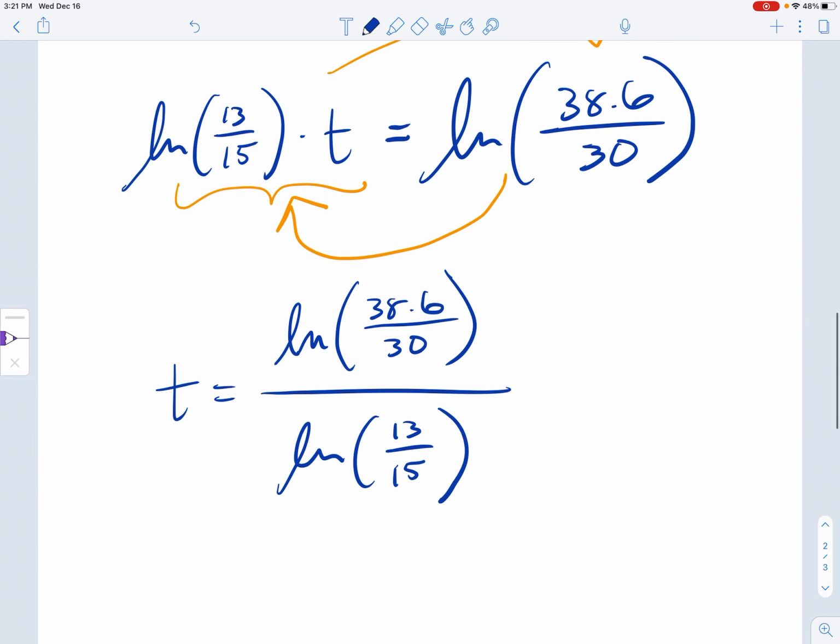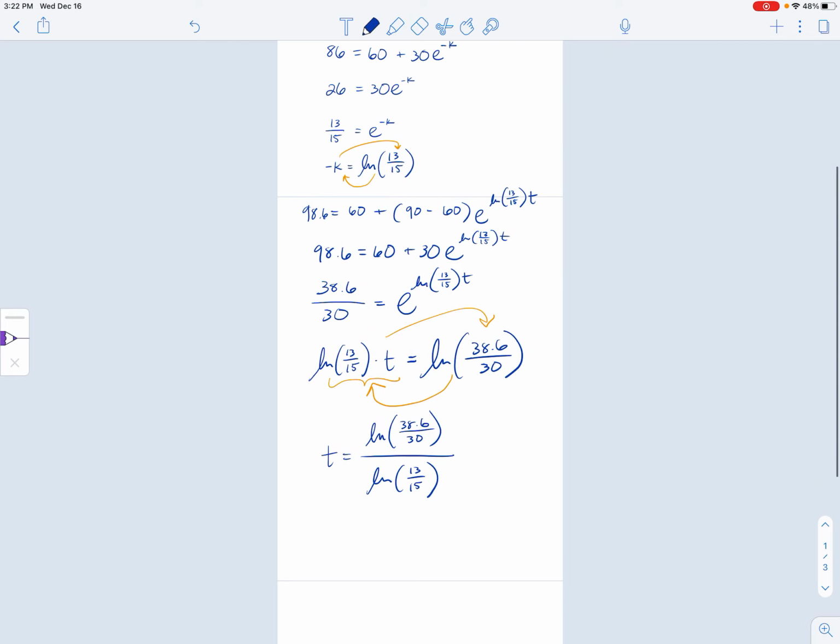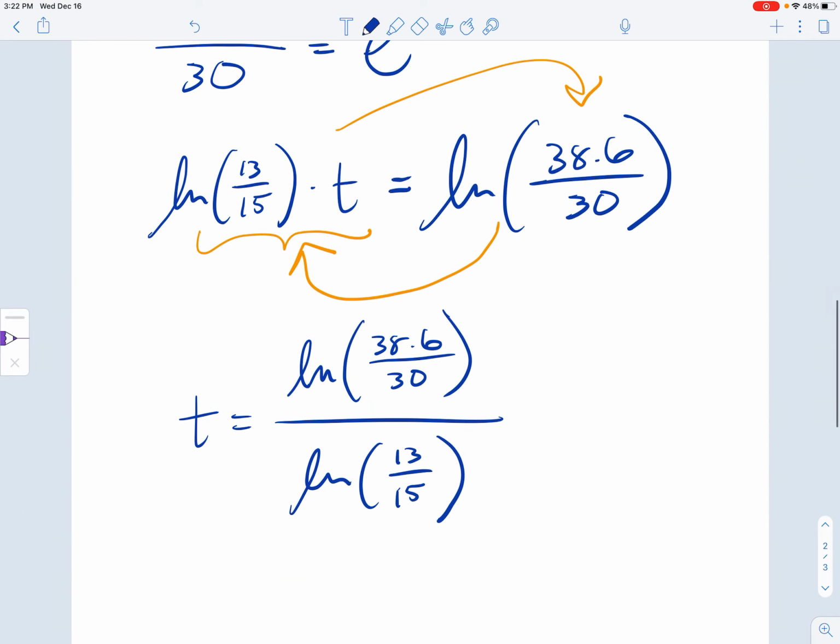Leaving it as the exact value makes it difficult to write a summary for how long the victim has been dead. So let's look at what the approximation is by typing that into our calculator.